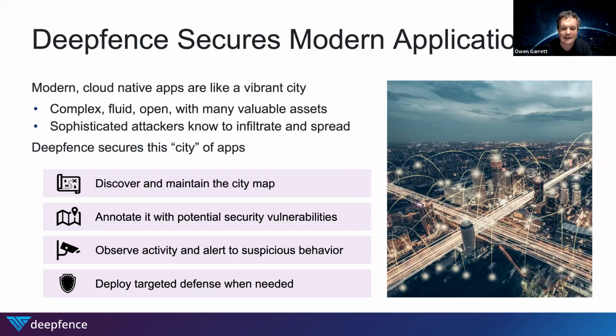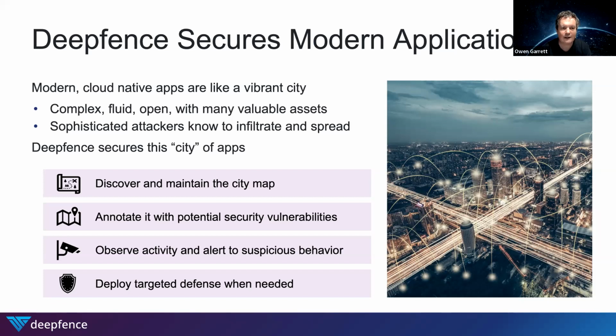And when we seek to help you secure this city of applications, we go through the same process that a city mayor or chief of police may do. We start with zero knowledge of what's running in your infrastructure. And we seek out and discover and maintain a map of the assets in your infrastructure, the buildings, the services within your city.